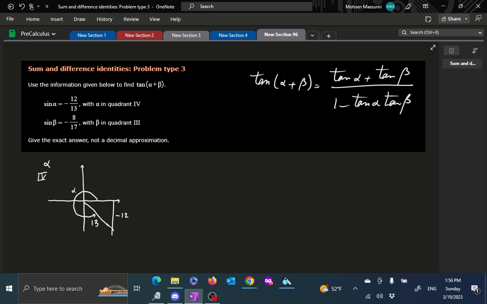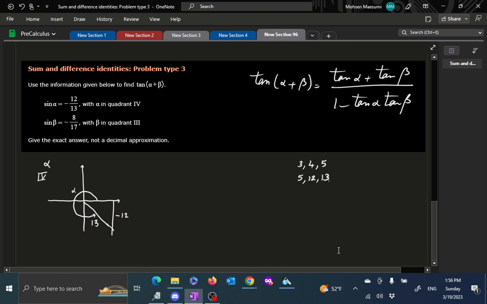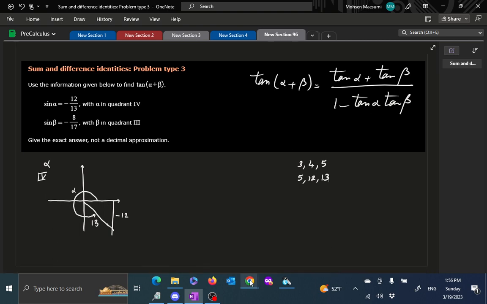We know the triangle is 5, 12, 13. Is that right? Better to remember this thing. We have 3, 4, 5 as one famous so-called Pythagorean triplet. We have another one, 5, 12, 13, and a whole set of them are out there. It makes a very interesting reading or a project if you are interested.